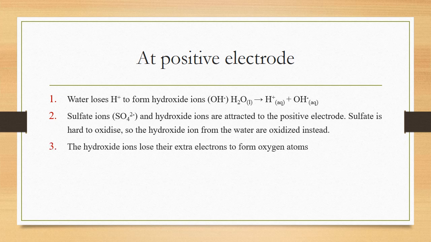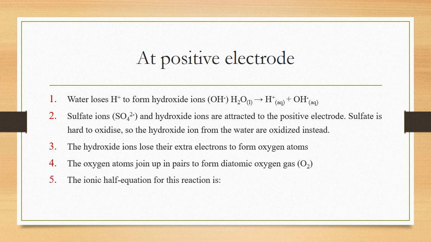The hydroxide ions lose their extra electrons to form oxygen atoms, and the oxygen atoms join up in pairs to form diatomic oxygen gas. And the ionic half equation for this is thus: 4OH- going to 2H2O plus O2 plus 4 electrons.